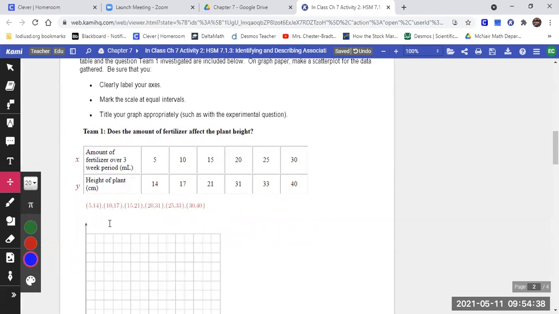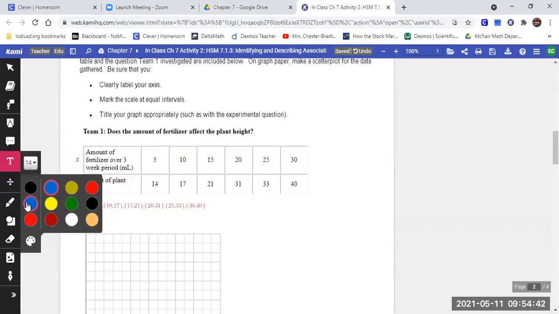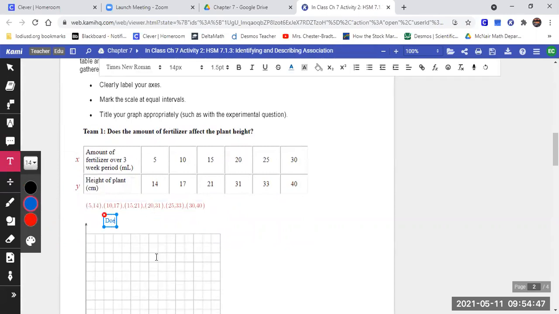So the title of this graph is not that, this. Does the amount of fertilizer affect change the plant height? So we needed a title, and it's the question. That's the title. That's the title of our graph.